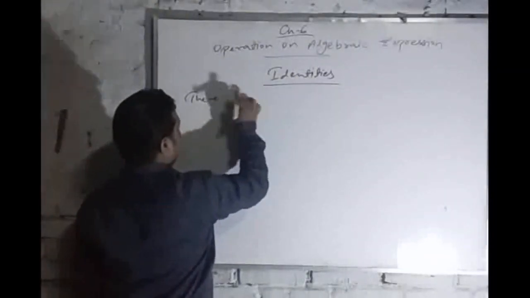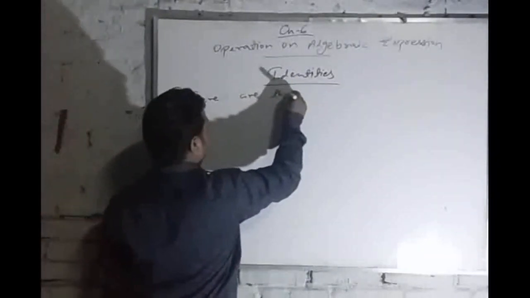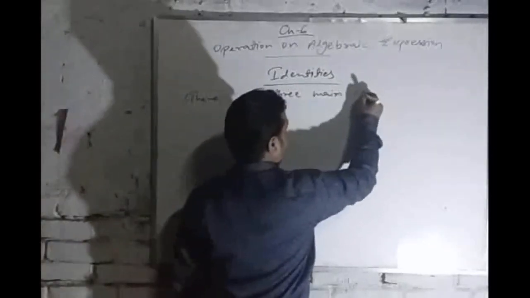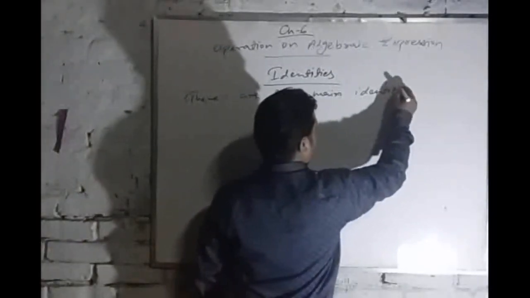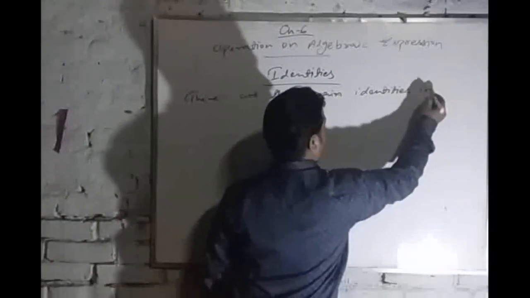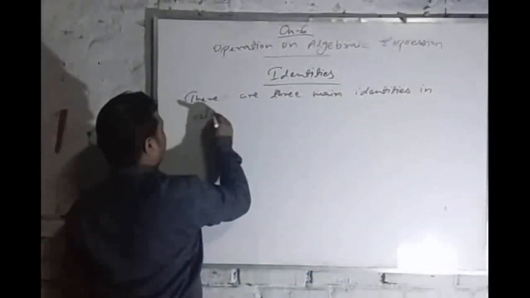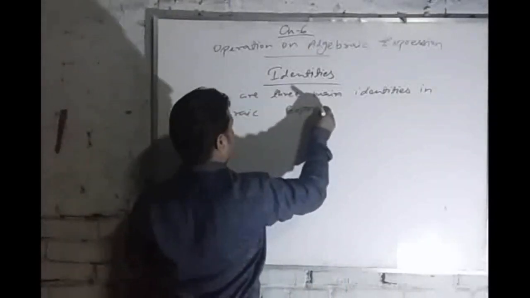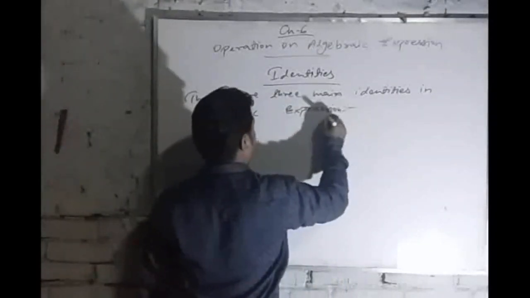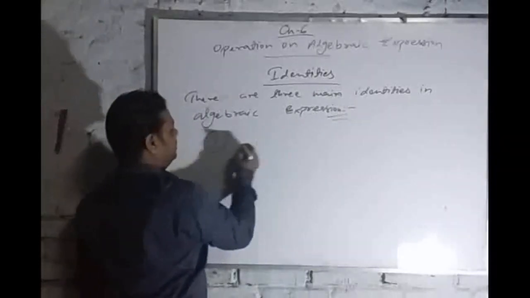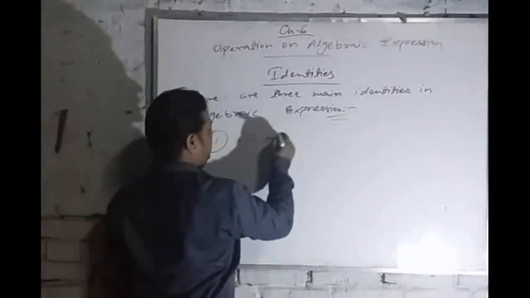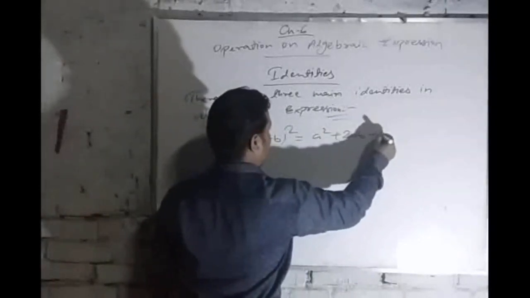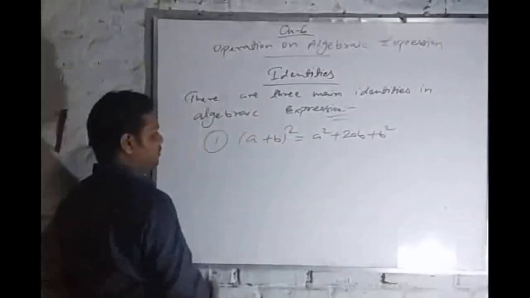There are three main identities in algebraic expressions. The first one is (a plus b) whole square is equal to a square plus 2ab plus b square.